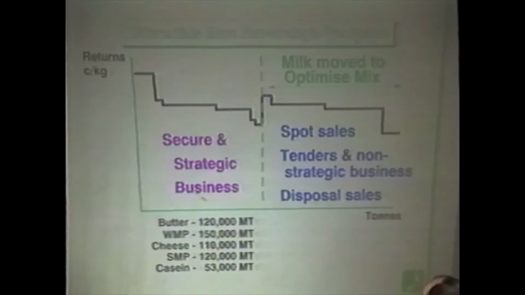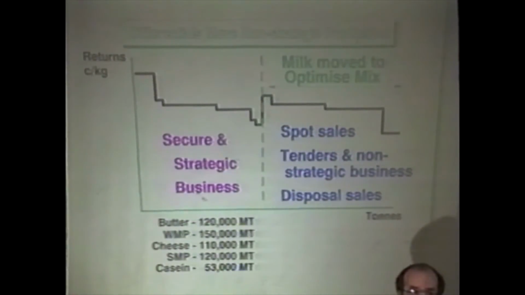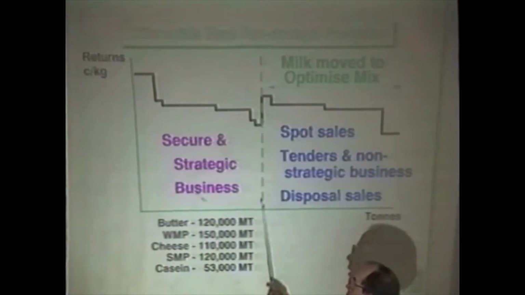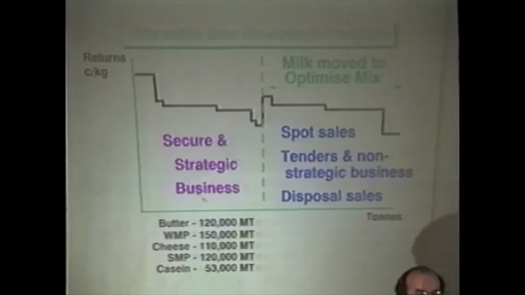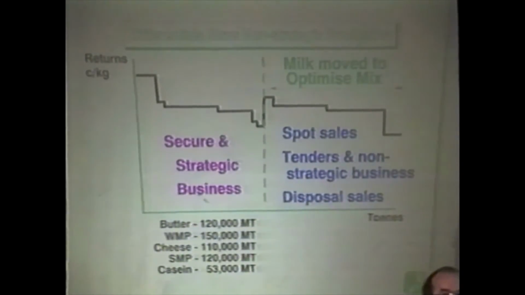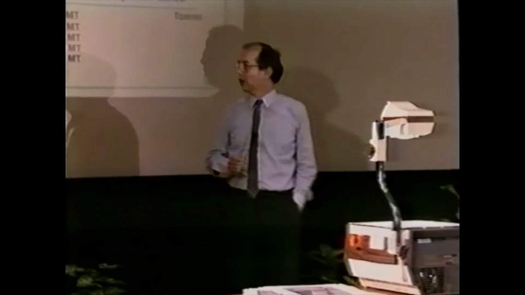The picture here is quite different for the different products. The main driving factor is that for butter, about half of what we make can be regarded as strategic and secure. New Zealand market, UK quota, that's about it. The other half we're trying to sell.